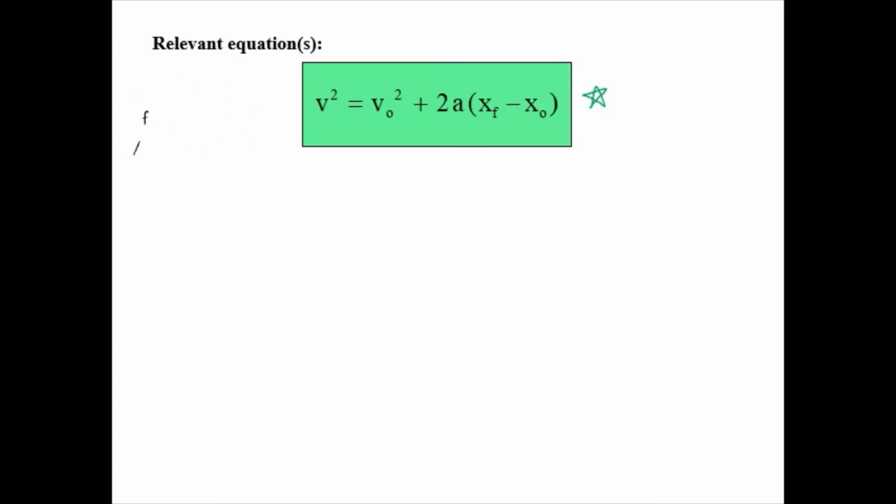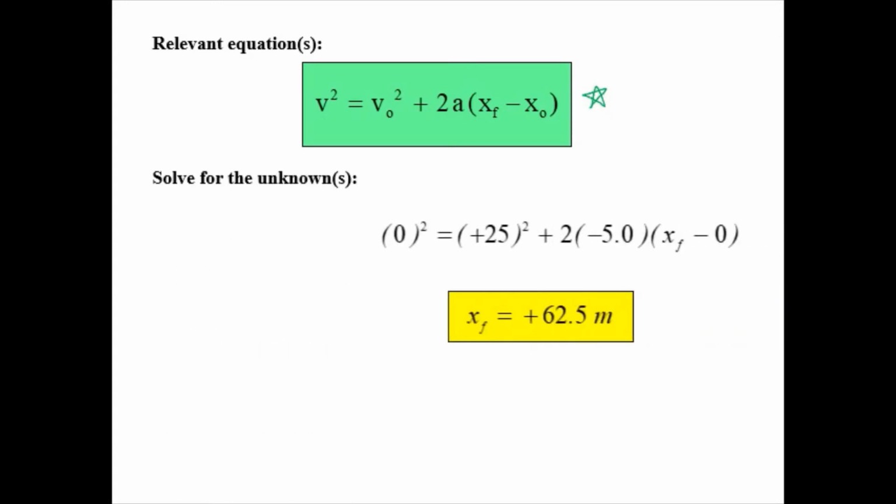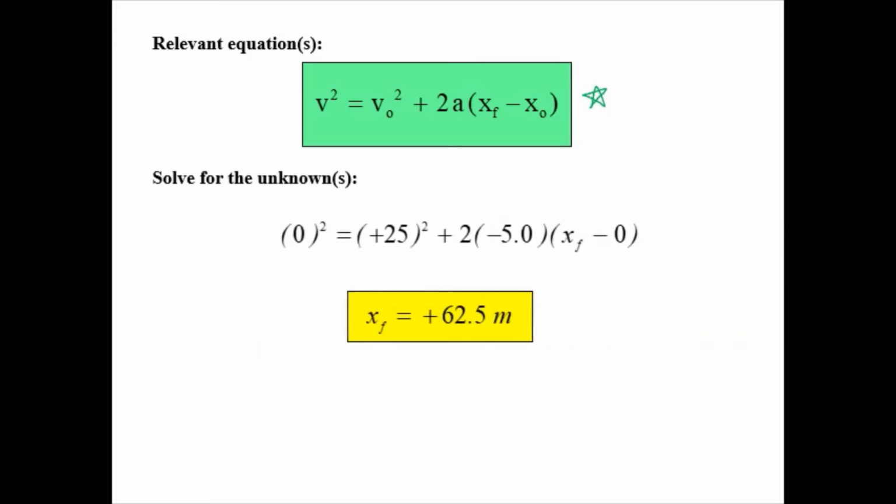Once we have the equation selected like that through logic and reasoning, at that point we put in our knowns and solve for any unknowns. So we knew that v final, again, is going to be 0. V original is 25 positive. Acceleration was -5. X original is 0. And that leaves us the x final as the unknown.